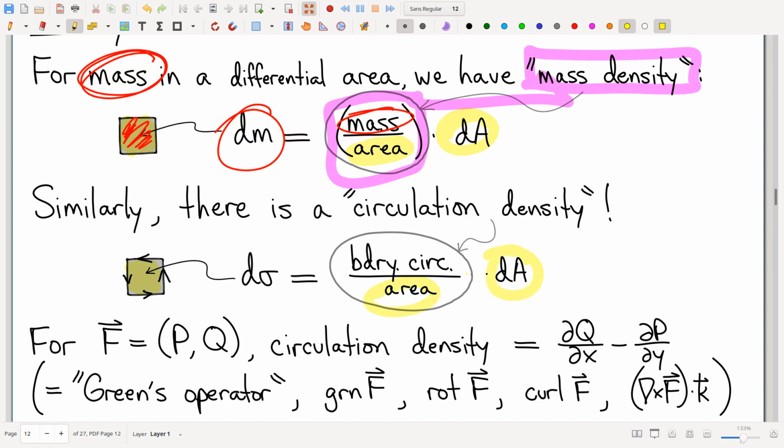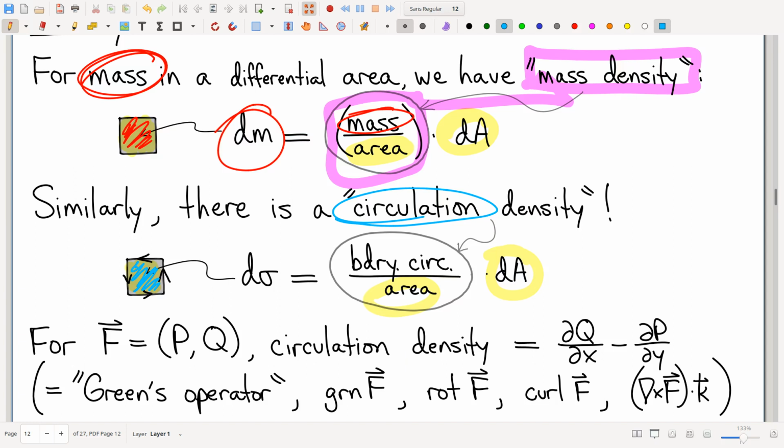another perfectly good accumulating quantity for which I could talk about an associated density is circulation. So I can talk about the boundary circulation for this piece. Now, sure, again, it's computed on the boundary. Distraction. Don't bite that. That's a distraction from the best point of view.